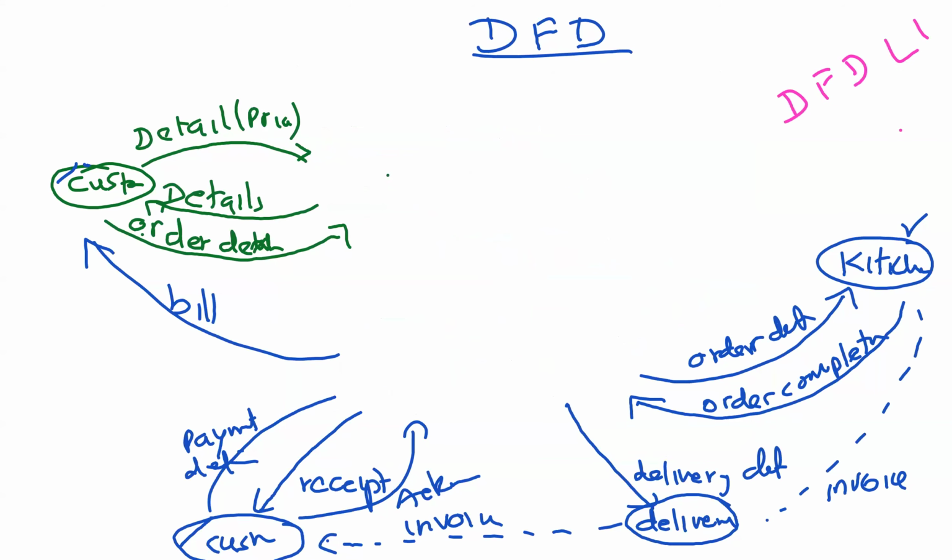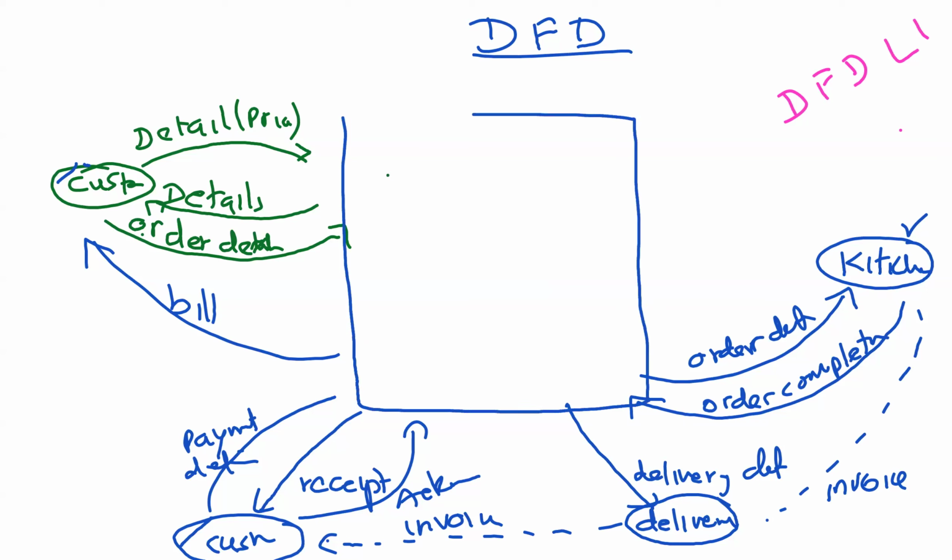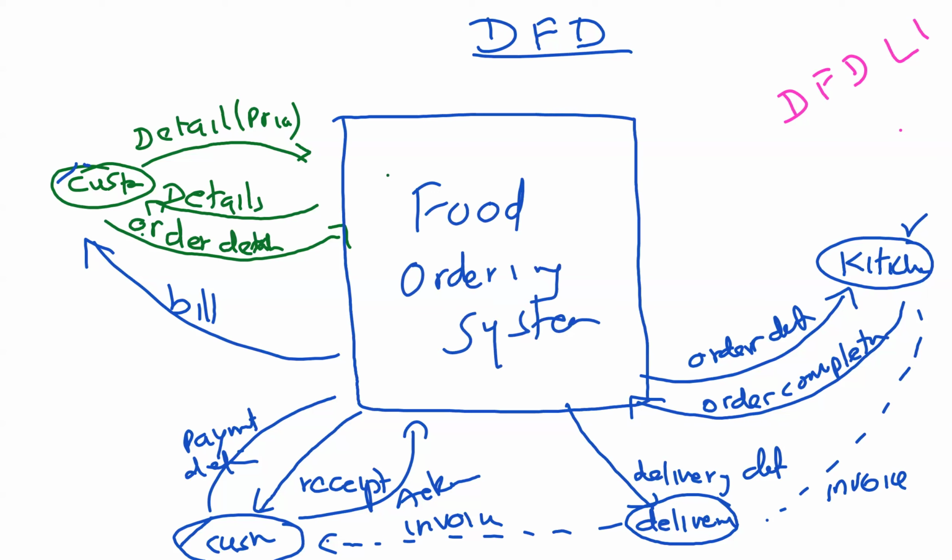We show only the food ordering system. That means this is the system, and these are the external entities. We say they will communicate, but we are not going to show any internal relationships or internal items.